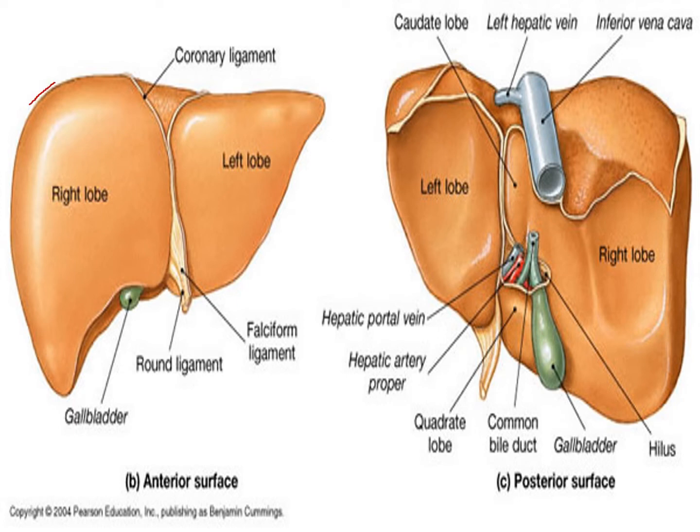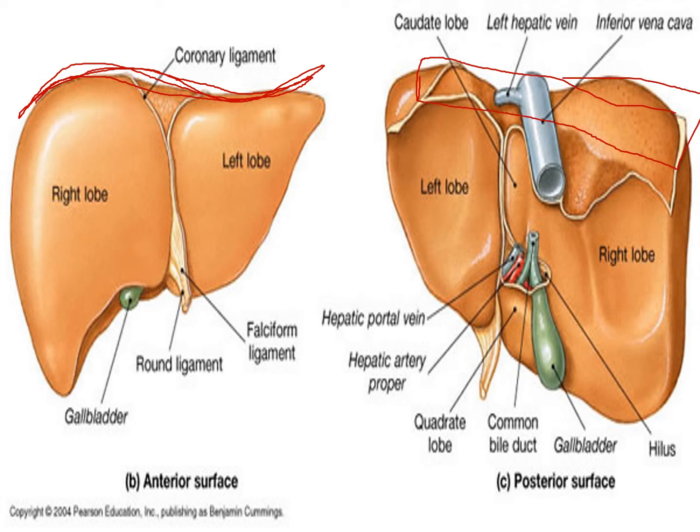Point number 1: in the diagram you can see this in a better way. This quadrilateral area is the superior surface of the liver.